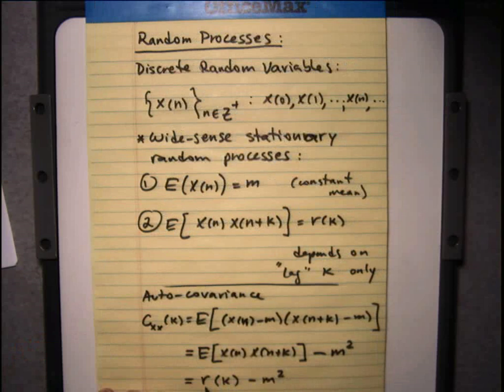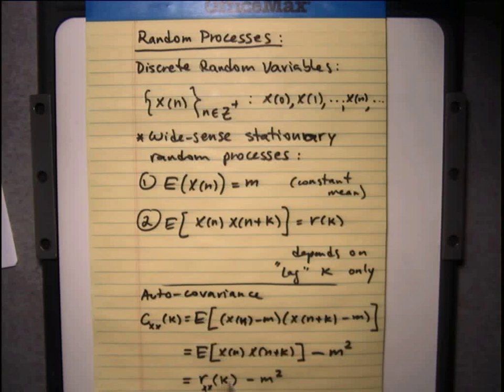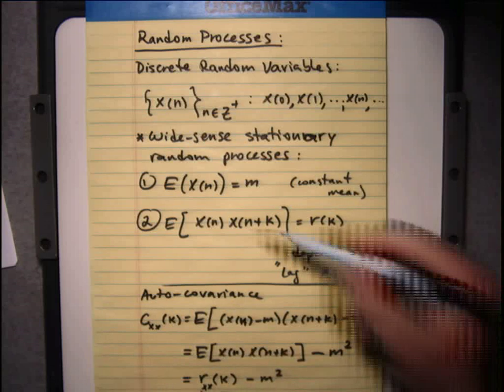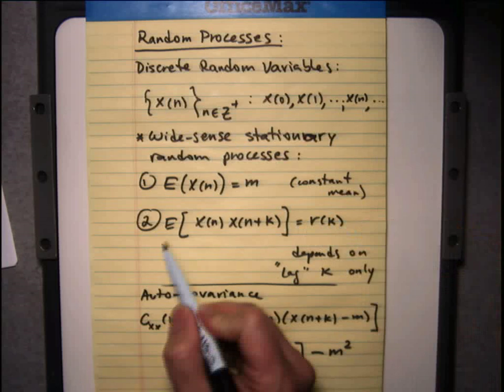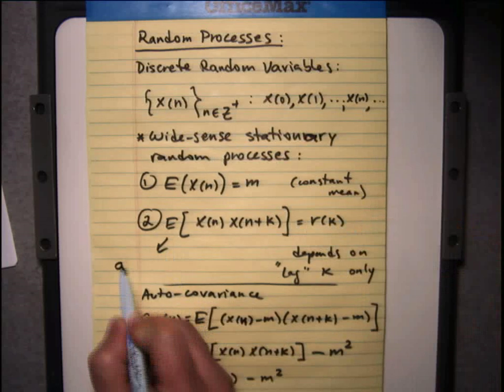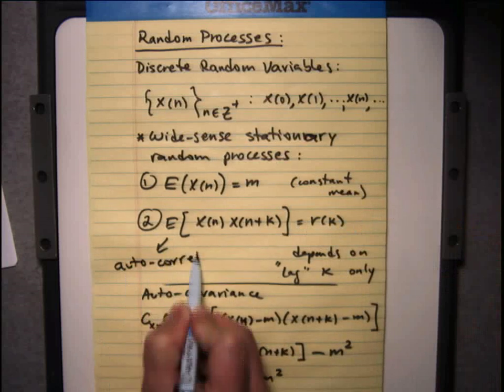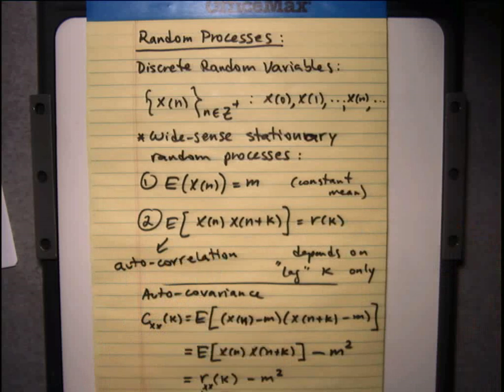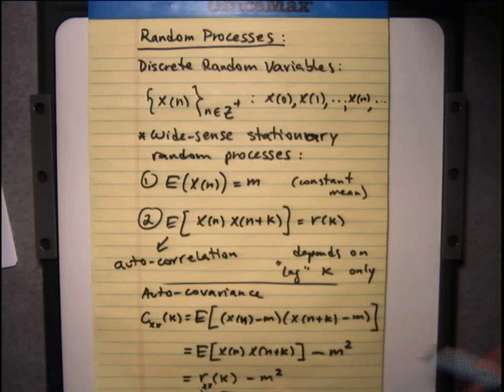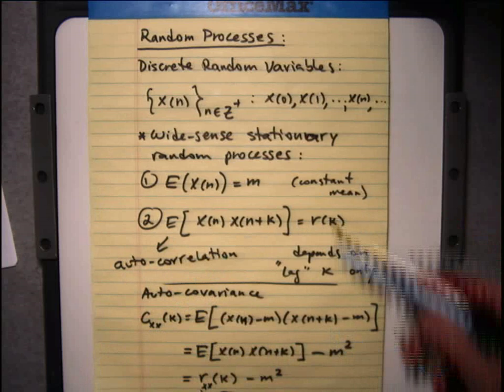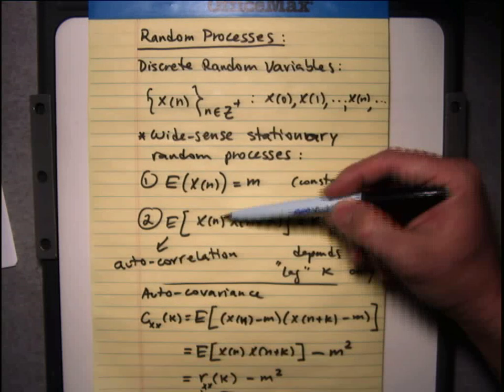Sometimes we also put xx here to denote that this is the correlation function between a value of x and another value of x from the same process. So this is what I defined up here, the autocorrelation function, and this is the autocovariance function down here. The only difference between them is that in one the mean is not subtracted, and in the other the mean is subtracted.